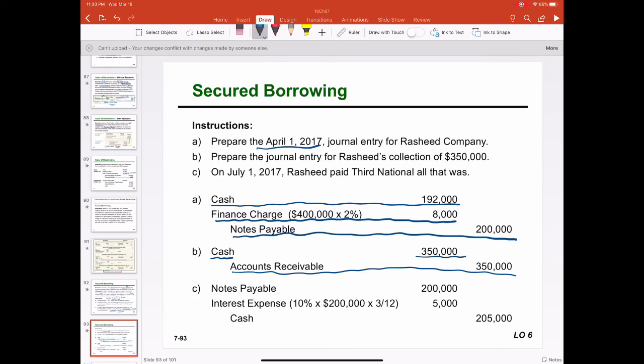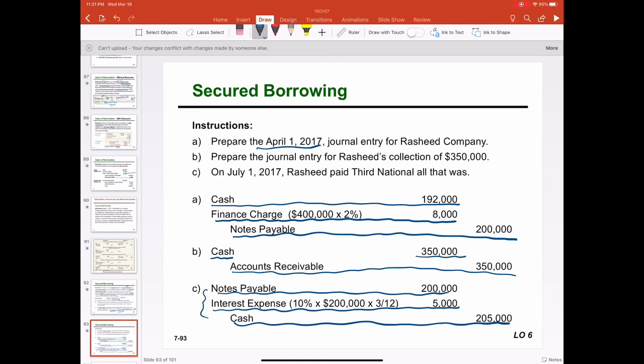It's nothing to do with the bank, because who is the owner of the receivables? Rashid company. Okay? So the last one is when the loan is due. This is just like a regular journal entry when any loan is due. So we write off the loan, recognize interest expense and pay the cash. Right, 205,000 represents the total principal of the loan plus interest.